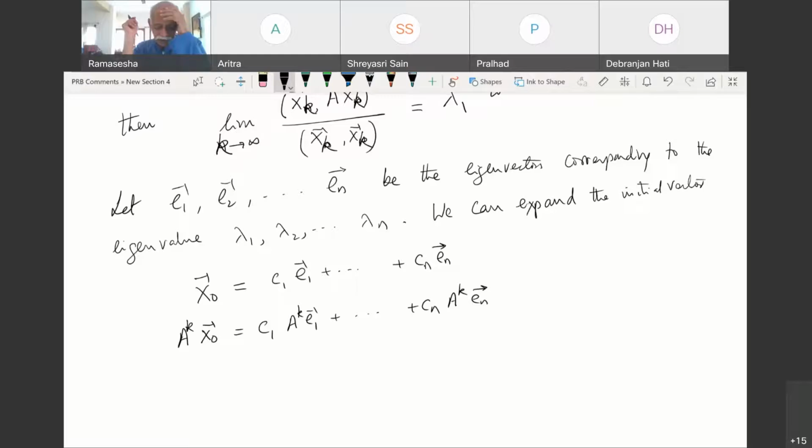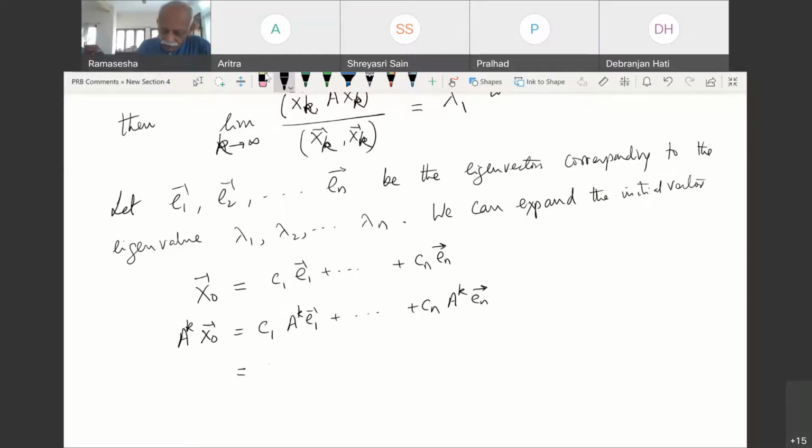Because when you operate by a, you get a times E1. When you operate by a again, you get a squared times E1, and so on and so forth. So for each term, I can actually write this as C1 lambda 1 to the power k E1 plus etc. plus En.